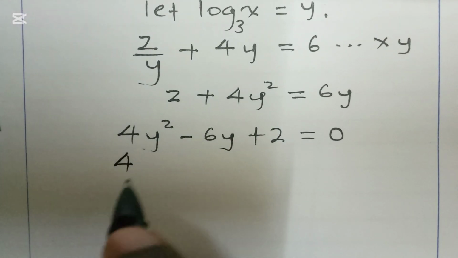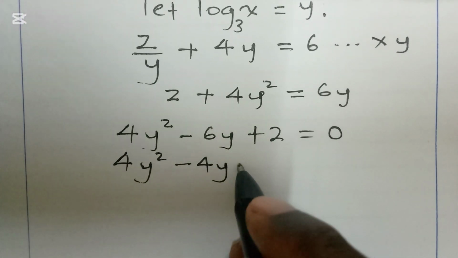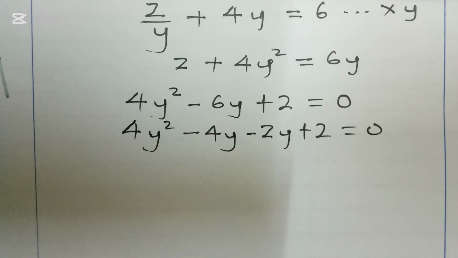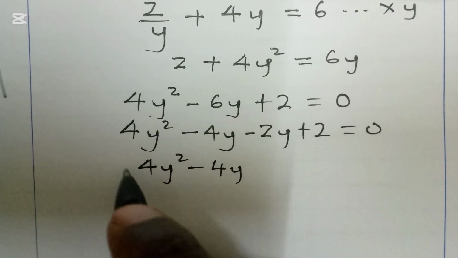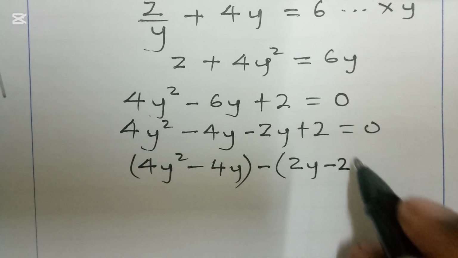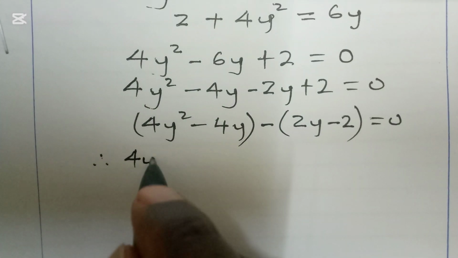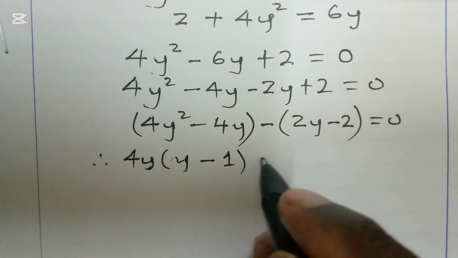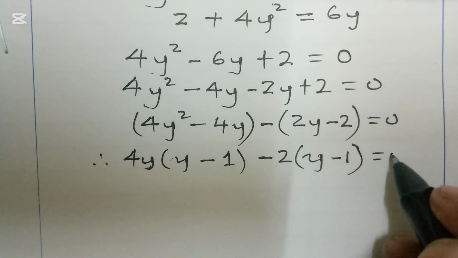So we shall have 4y squared minus 4y minus 2y plus 2 equals 0. Now we write 4y squared minus 4y, put the bracket there, minus 2y minus 2 equals 0. We write 4y, left with y minus 1, minus, factor out 2, we get y minus 1 equals 0.